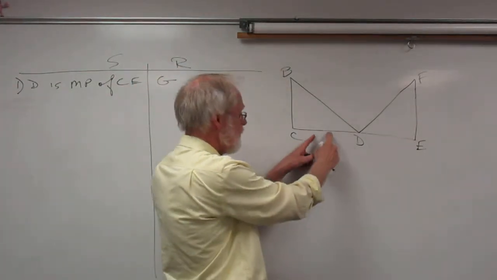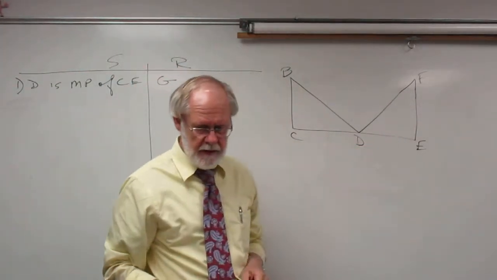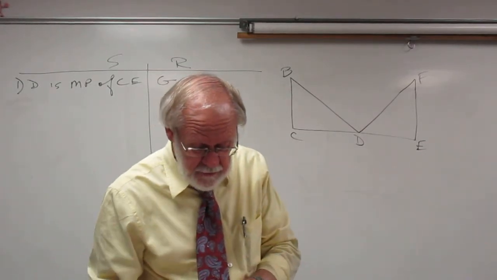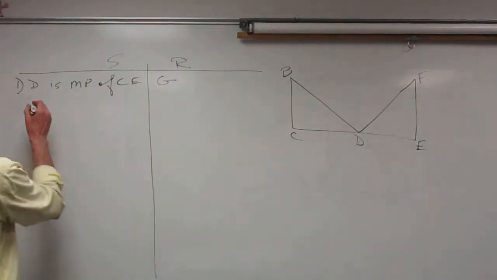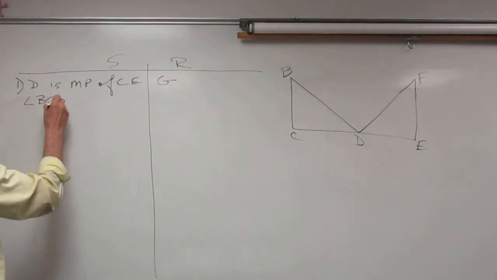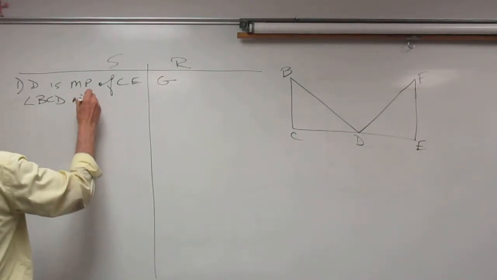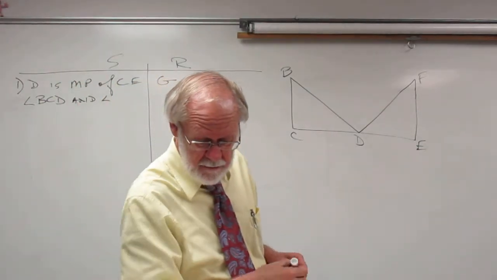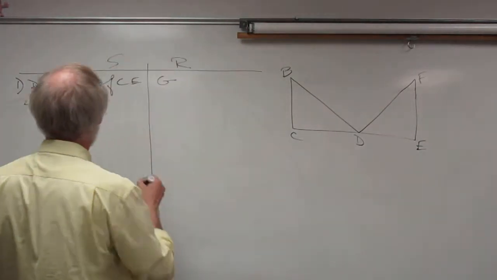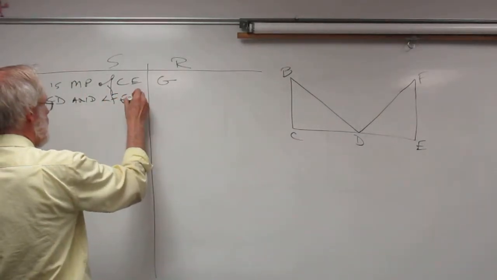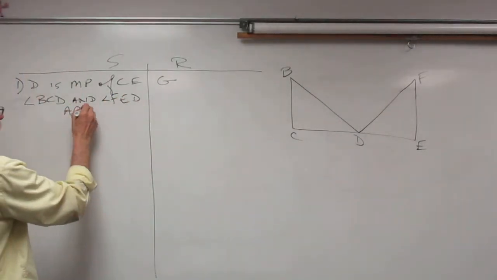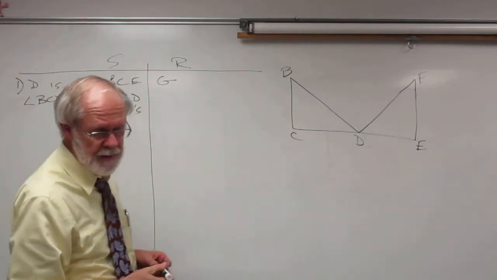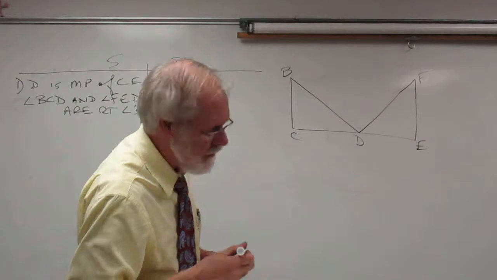So we're going to be able to establish this is congruent to this. That's going to be the leg of our triangles. Now, angles BCD and FED are right angles. That's given. And BD is congruent to FD.